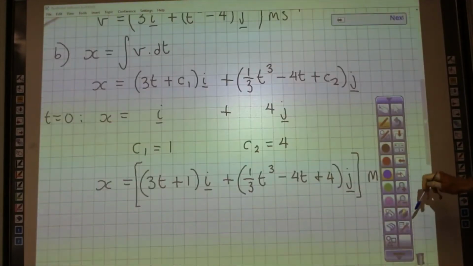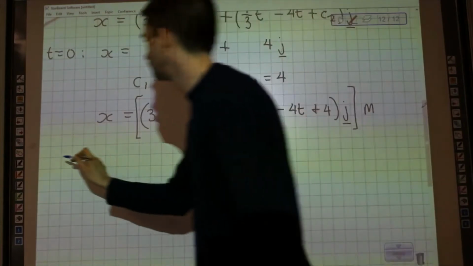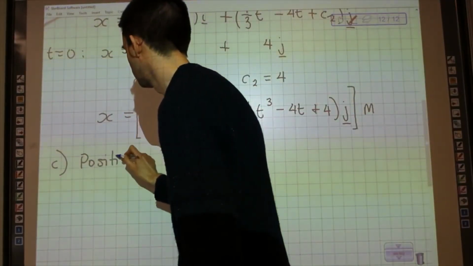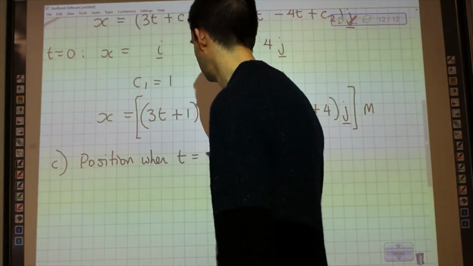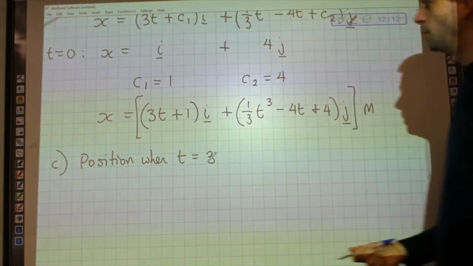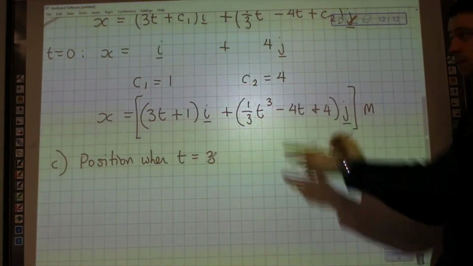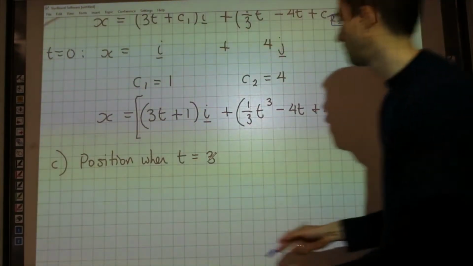The first one is we need to find the position when t equals 3. The way we do that is we substitute t equals 3 into our position equation.